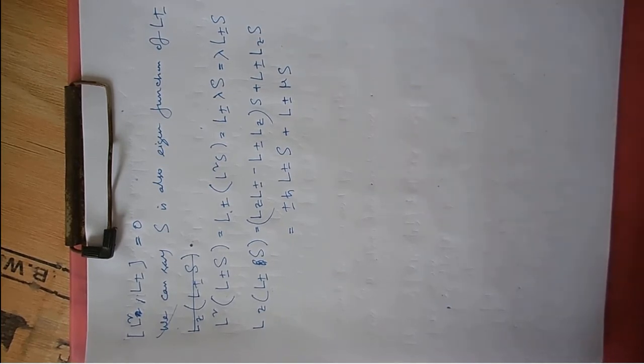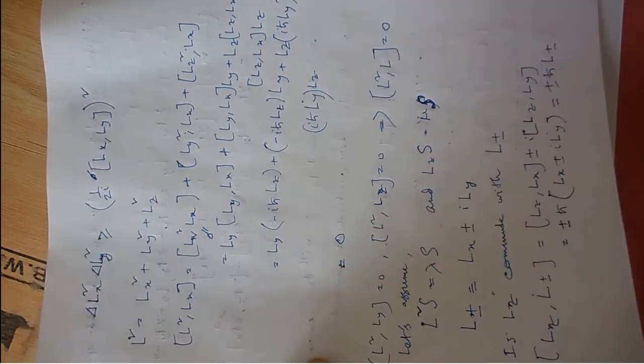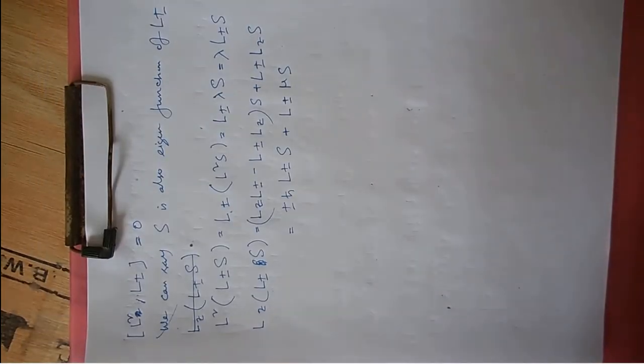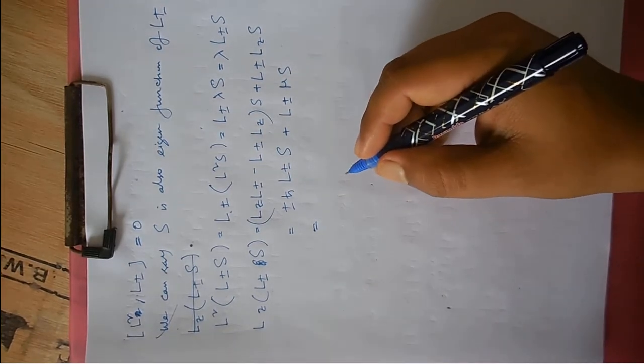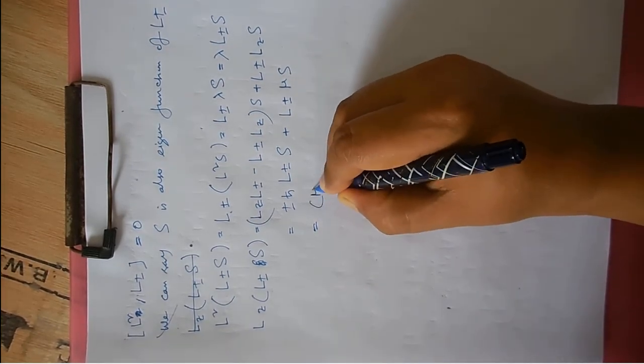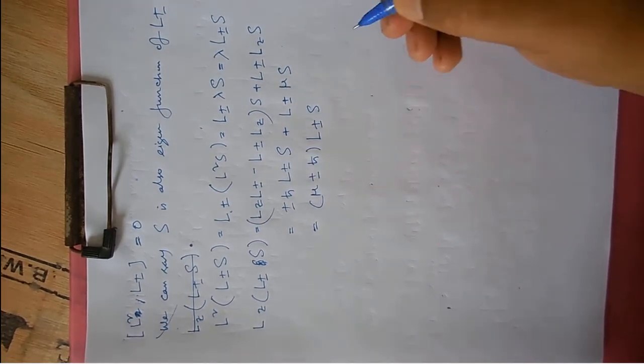Sorry, previously I wrote F, it is S, so that was wrong. So we can write this as mu plus minus h-cut times L plus minus S.